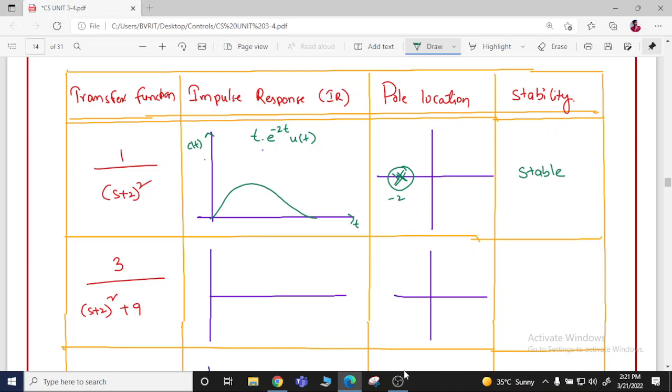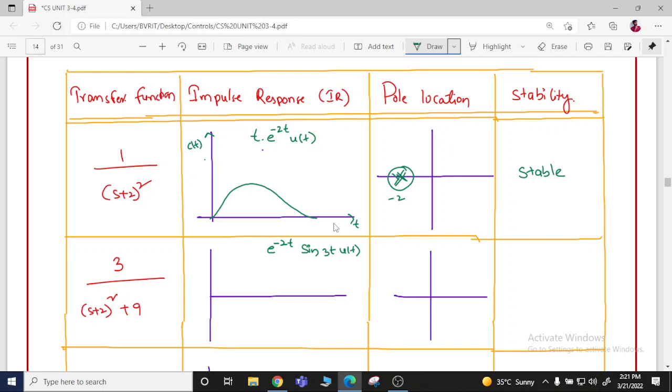And for the second case, 3 by (s plus 2) whole square plus 9, the impulse response will be e power of minus 2t sine 3t into u of t.